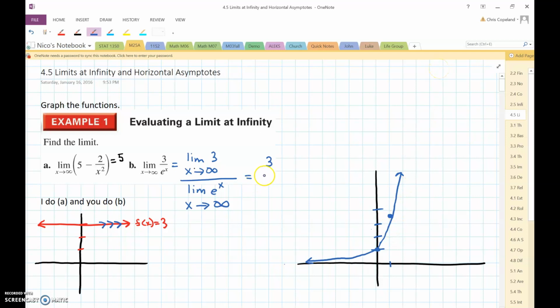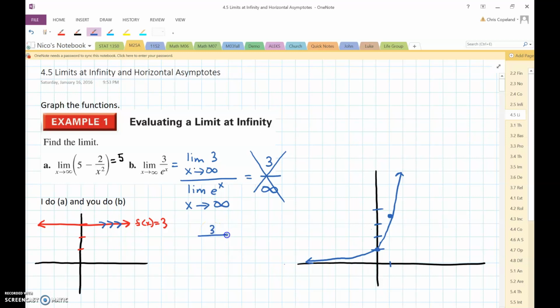So you're going to have 3 over infinity. Again, we cannot write our answer this way. It's bad notation. You'll lose points on the test if you write it that way. You have to interpret this and know what this actually means. Infinity is a concept of a number growing without bounds.